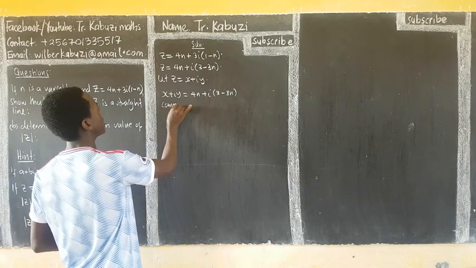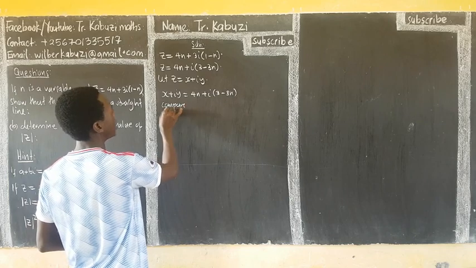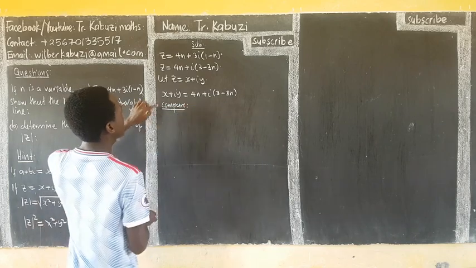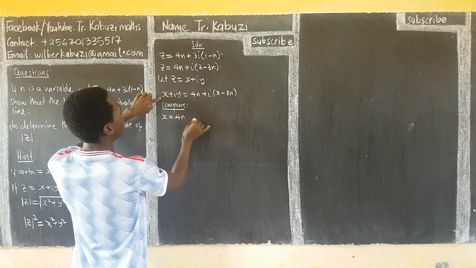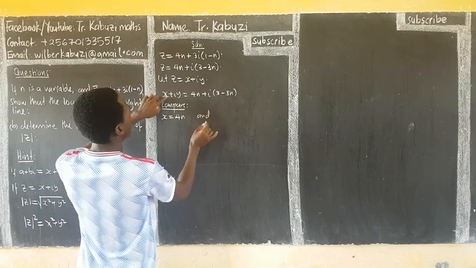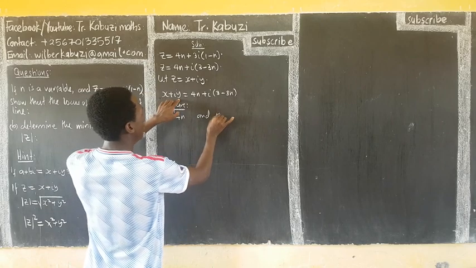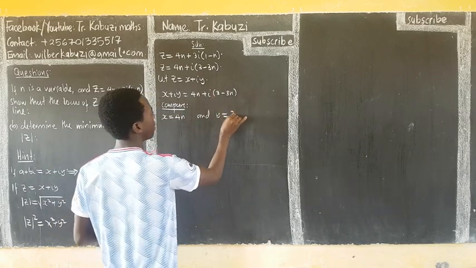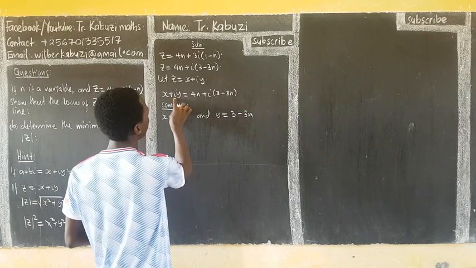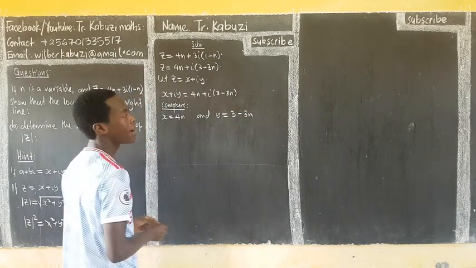So, in simple terms, we are comparing. My x is going to be equal to 4n, and the imaginary part y is equal to 3 minus 3n. The i is telling us the imaginary part.